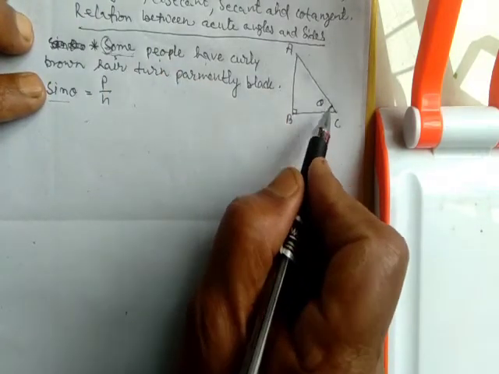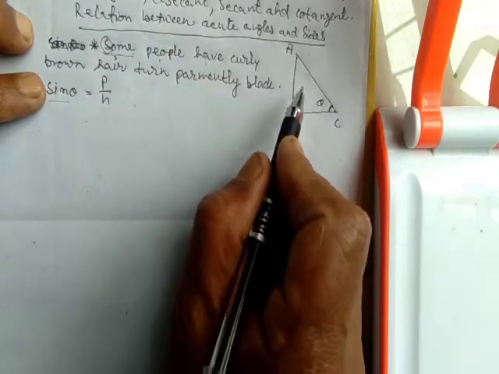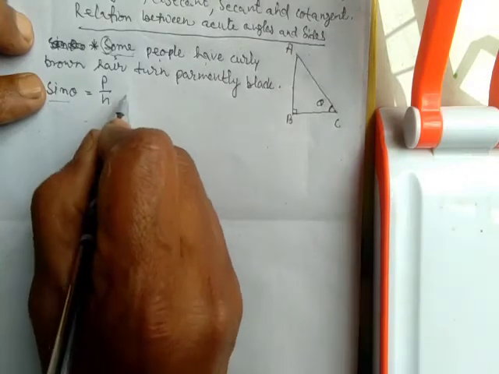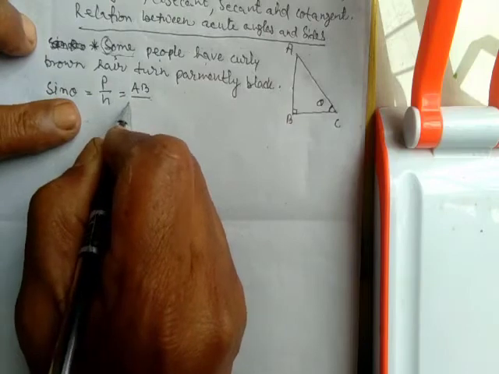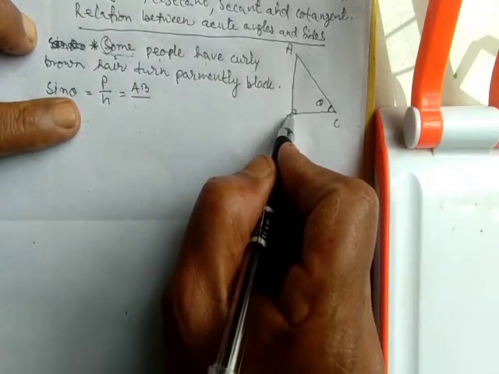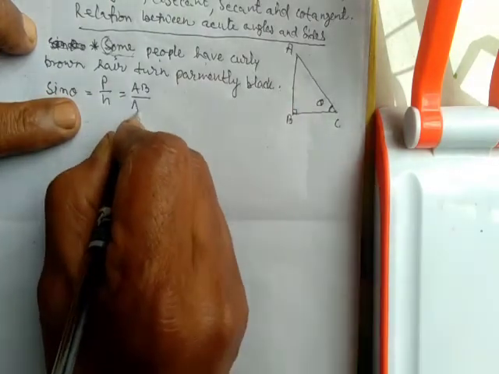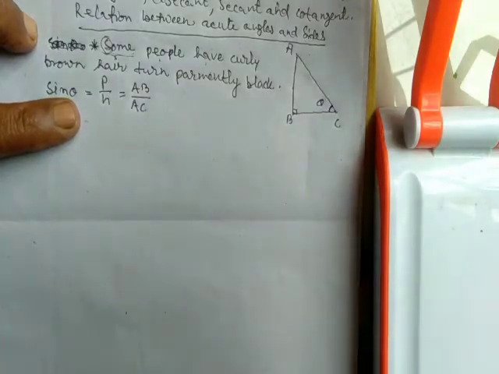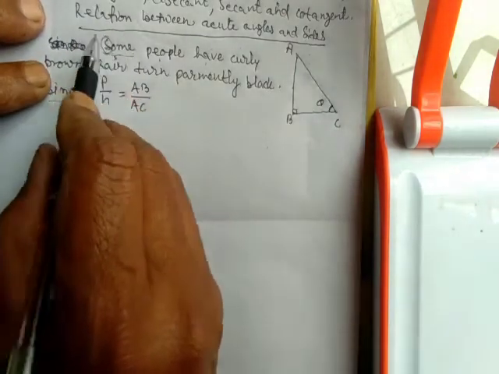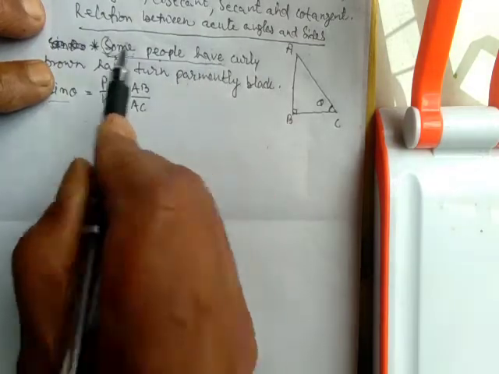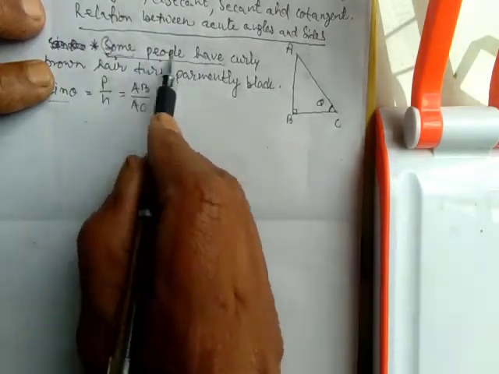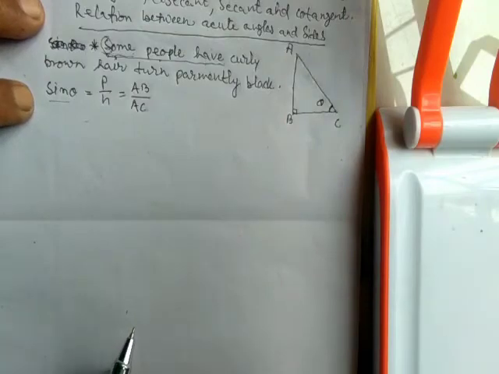This angle, so the side opposite to this angle is perpendicular. Hence perpendicular is AB by hypotenuse. Hypotenuse is the side opposite to 90 degrees, that is AC. So we have completed Some People Have, S, sine, people have; you got the relation.